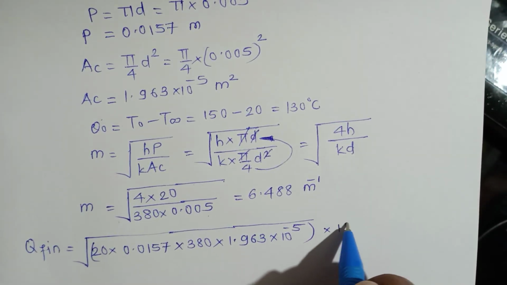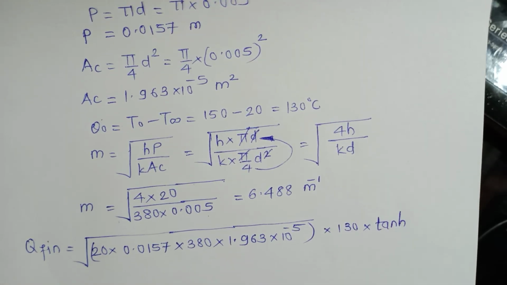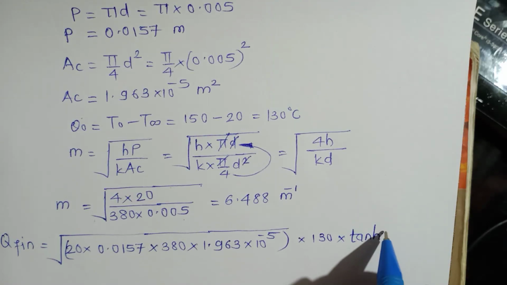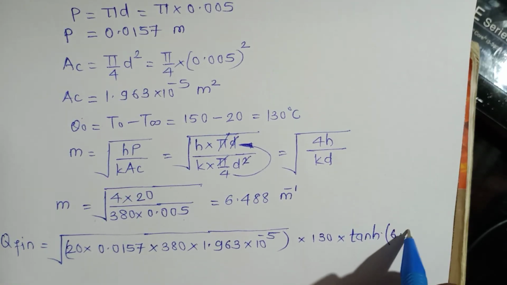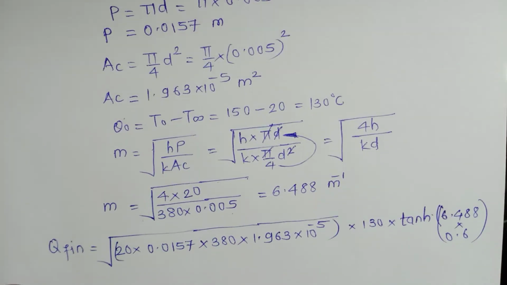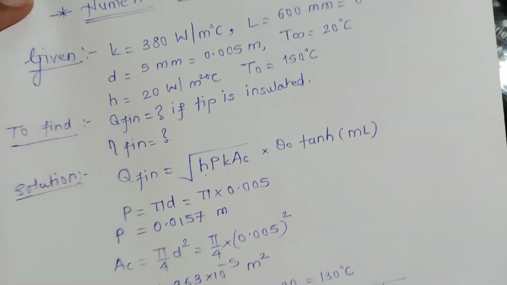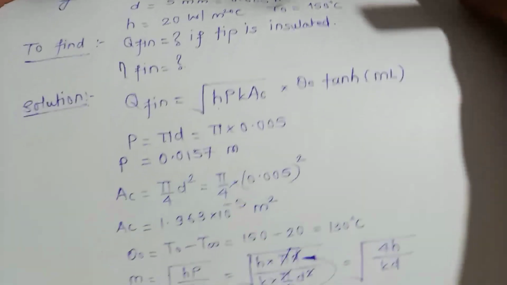So that will be 130 multiplied by hyperbolic tan of the quantity ml. So m is 6.488 multiplied by length 0.6. So we have the entire equation in front of us. Let us calculate and find out what will be its solution for the given conditions.